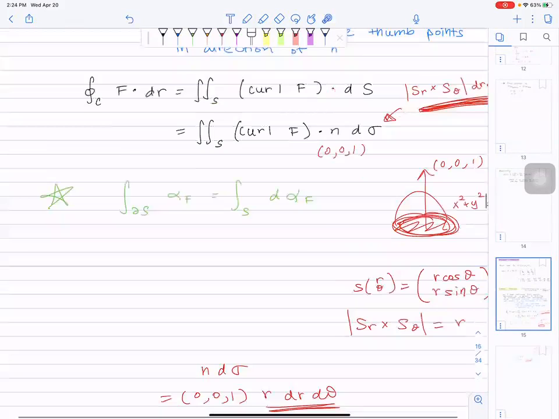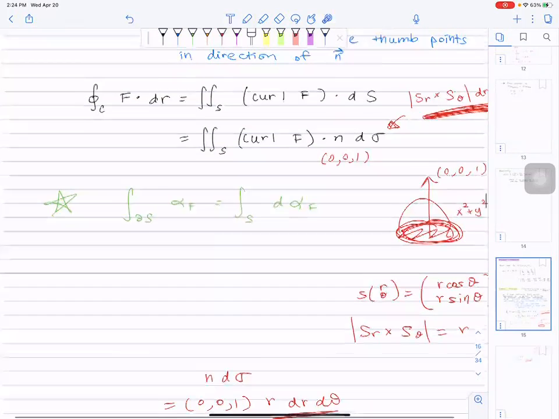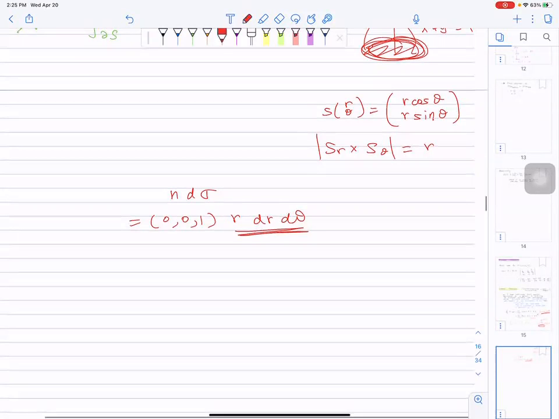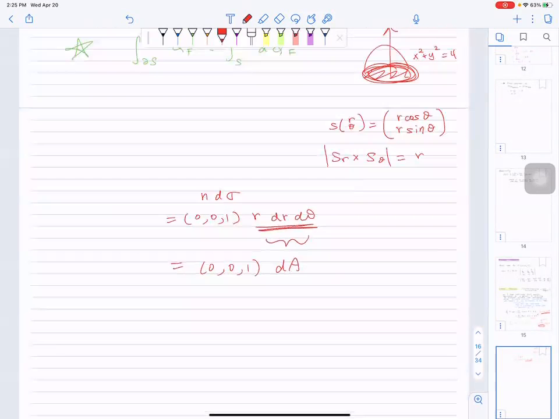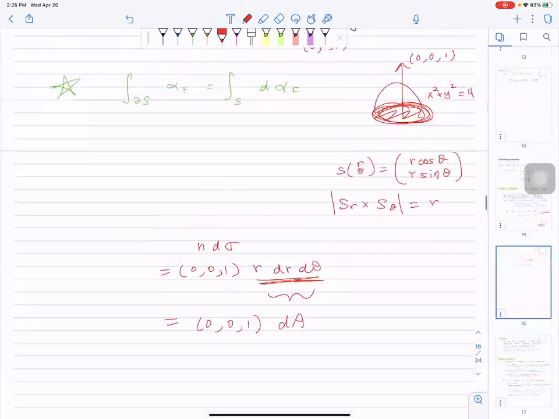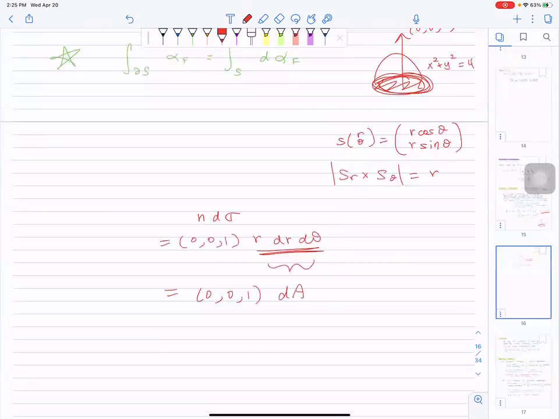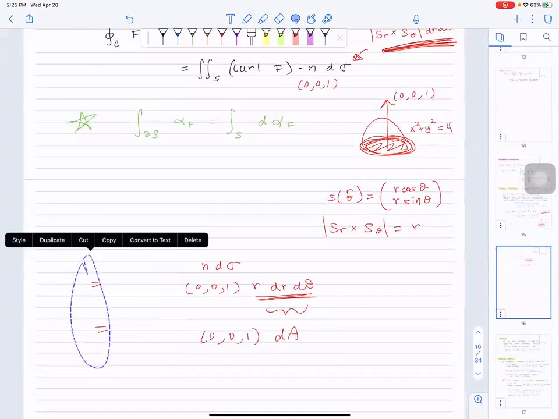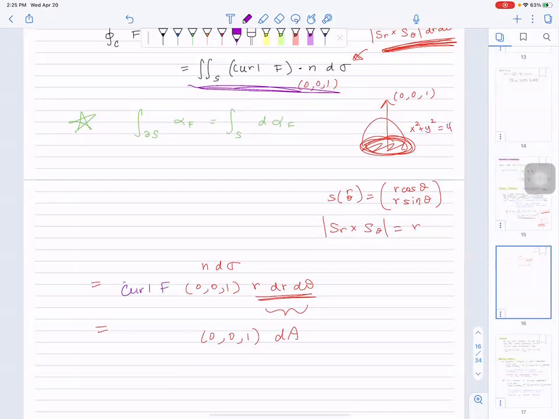But r dr d theta is in polar coordinates. If we converted that to regular coordinates, r dr d theta is dA. So that's why in Green's theorem we only have a dx dy. And also a trick: last week I said that in Green's theorem in 2 dimensions, you only have the k component of the curl, right? Now that makes even more sense, because Stokes' theorem says we're going to do the curl of F dot 0, 0, 1 dA.